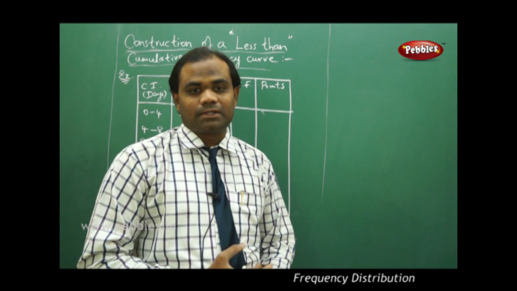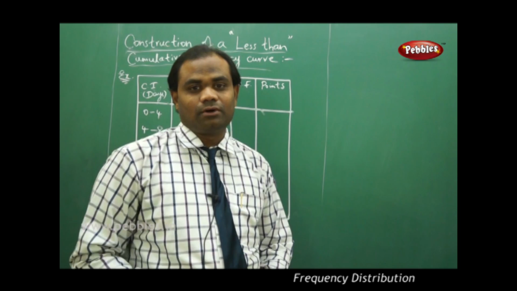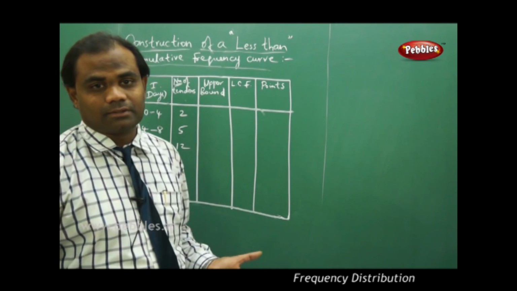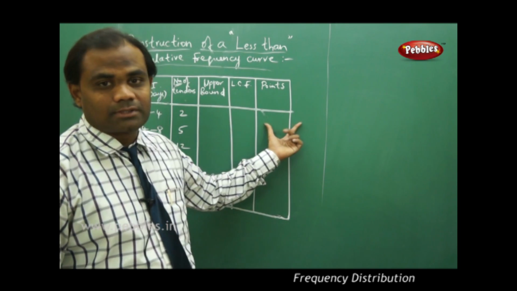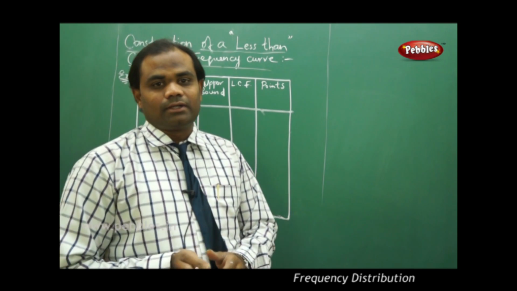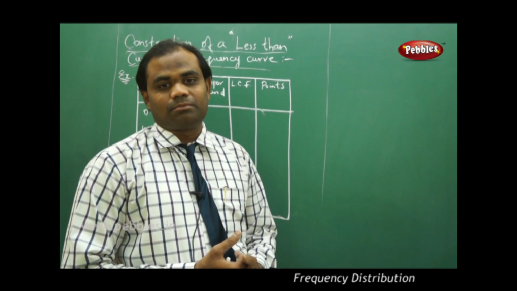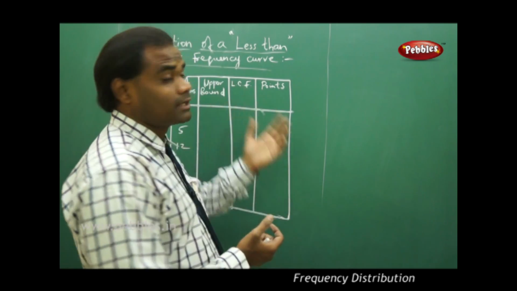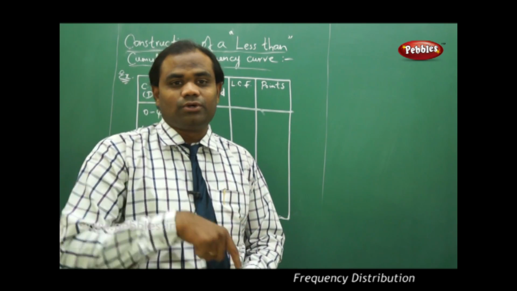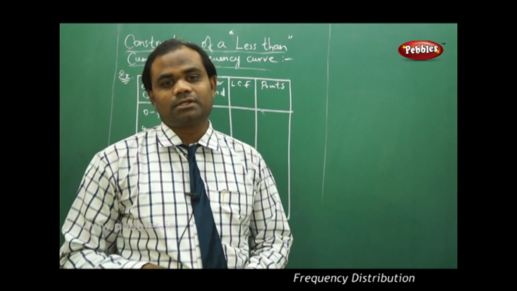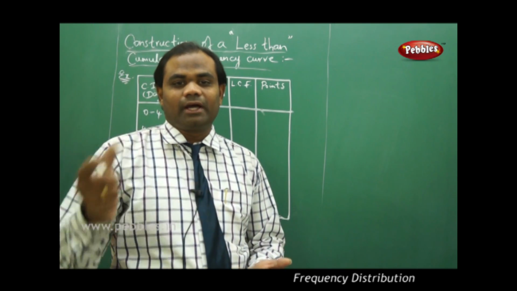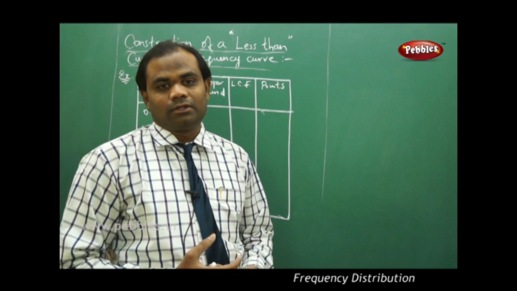So we all know how to construct the less than cumulative frequency column for the given frequency. Then we consider the points as x coordinate and y coordinate respectively, and we plot the points and we get a frequency polygon. We get a less than cumulative frequency curve by joining the plotted points through a continuous smooth curve by free hand, not using a ruler.